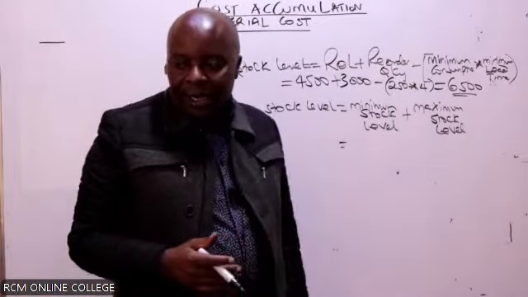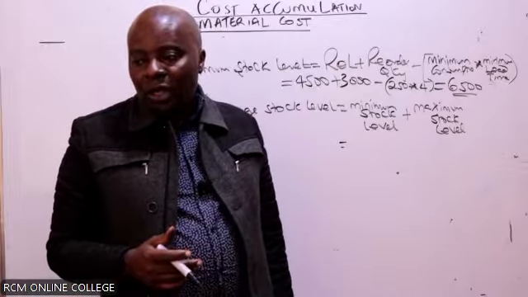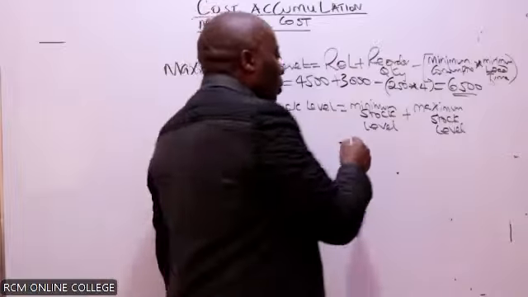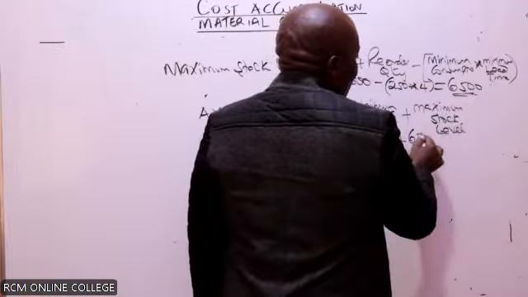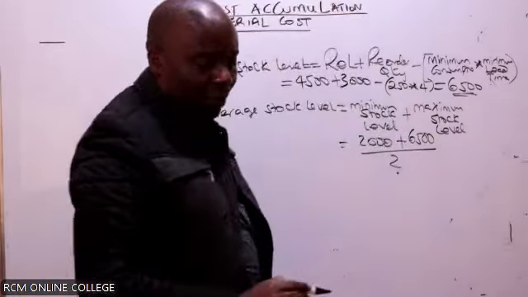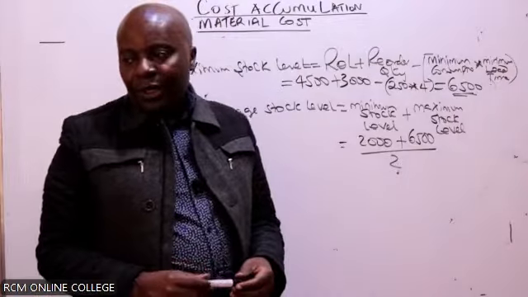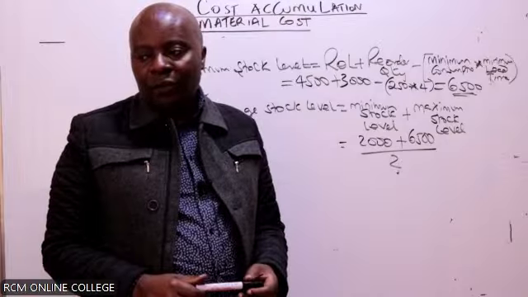Minimum stock level was 2,000. How about maximum stock level? It's here, 6,500. We divide by 2. So this one here will end up giving me what figure? 4,250. Thank you so much.